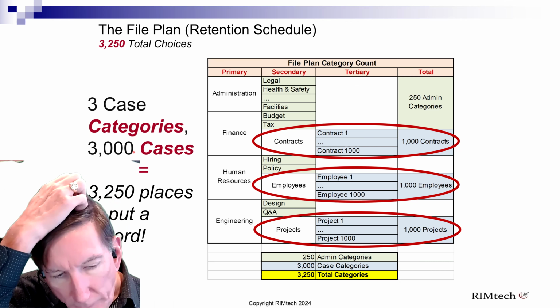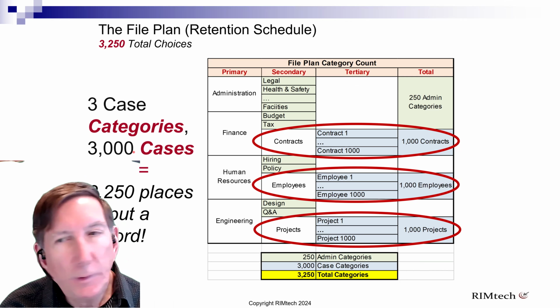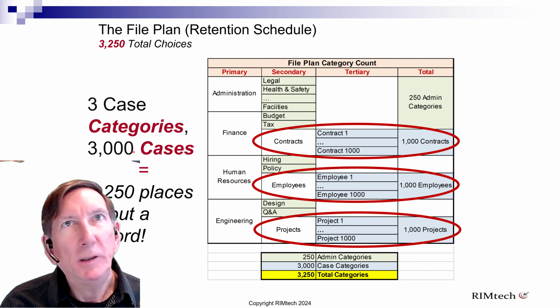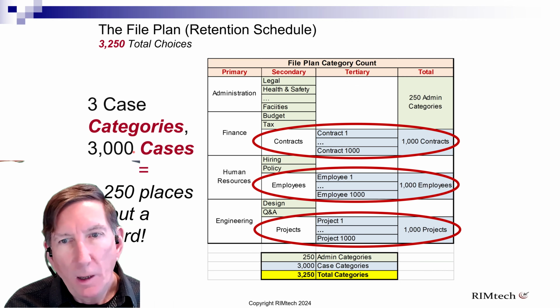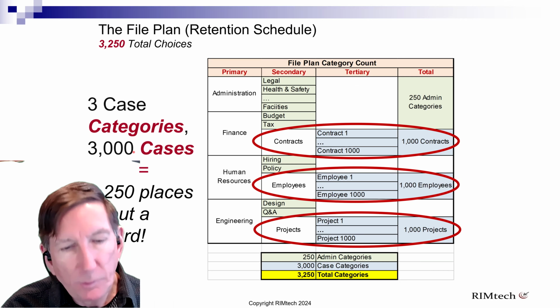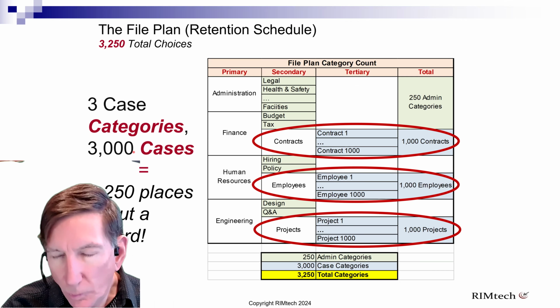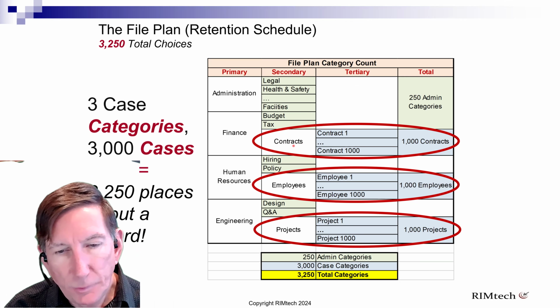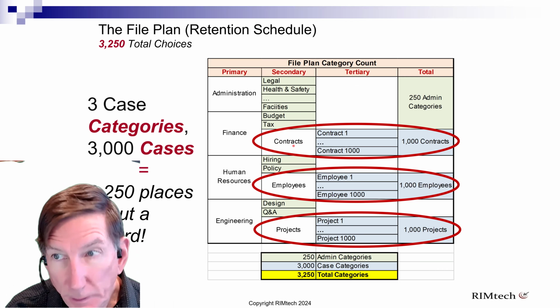For example, fleet vehicles. The activity is fleet vehicle maintenance. How many vehicles do you have in your fleet? Maybe 20, maybe 100. Whatever it is, you have to have 20 vehicles or 20 cases for each of those vehicles. Do you do audits? How many per year? 50? Well, that means you have an activity or a category or a library called audits, and you're going to have 100 cases for audits, each audit being a case, right?